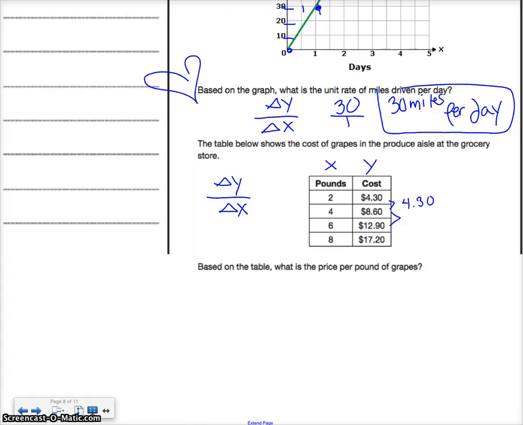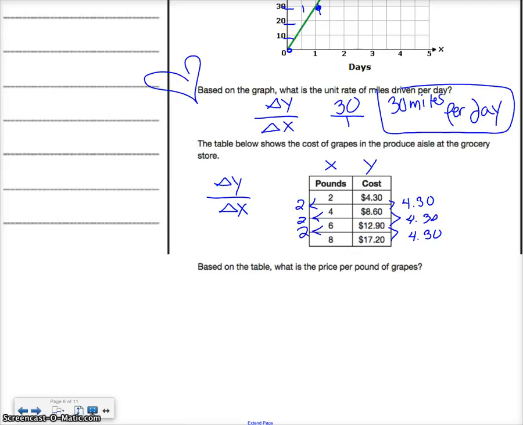Let me make sure it's a constant rate of change, meaning it will do it all the time. 860 plus 430 is 1290. Let me verify one more time: 1290 plus 430 is 1720. That is how my y changes. And my change in x is constant too.